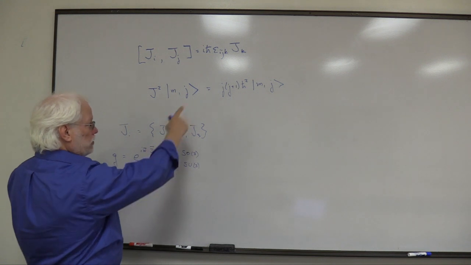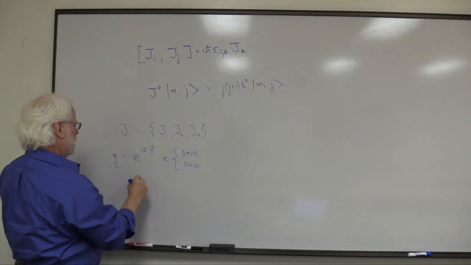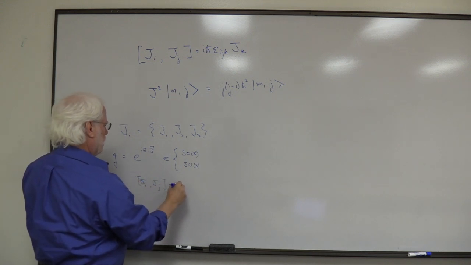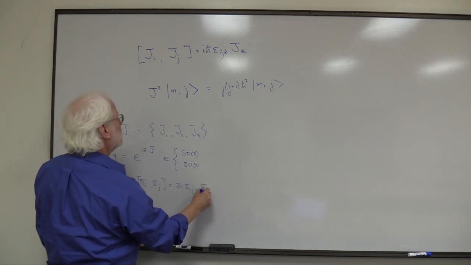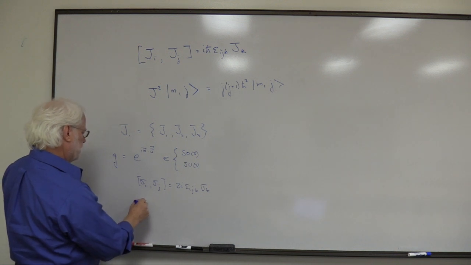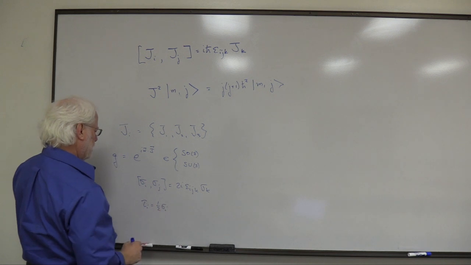Now, we know that the Pauli matrices satisfy something like this: [sigma_i, sigma_j] = 2i ε_ijk sigma_k. So let tau_i be 1/2 sigma_i.